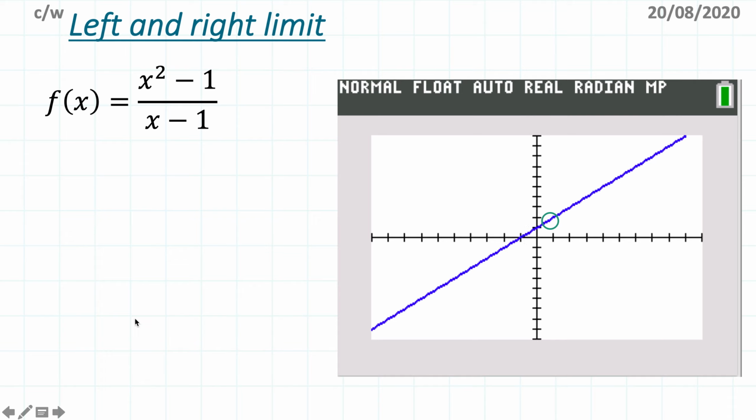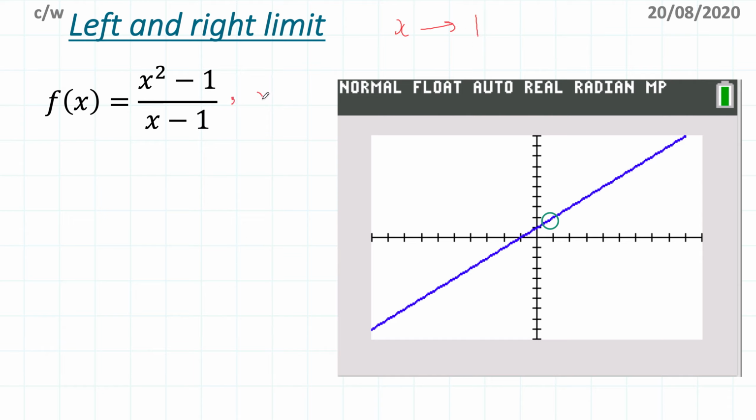Now, this is a very simple example, and I'm going to use a couple of strategies to explain the left and right limit. I'm also going to use the strategies mentioned in the beginning. So I could use trial and error using the table of values, looking at the limit as x approaches 1.